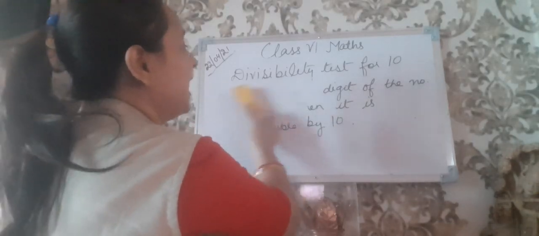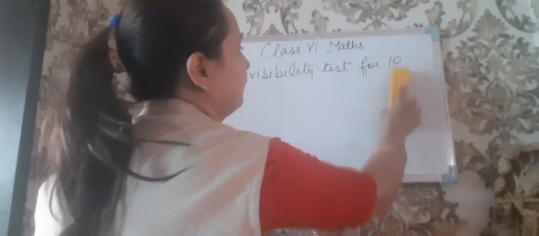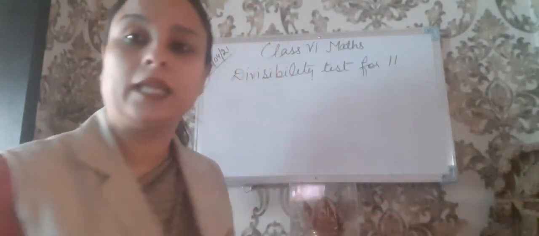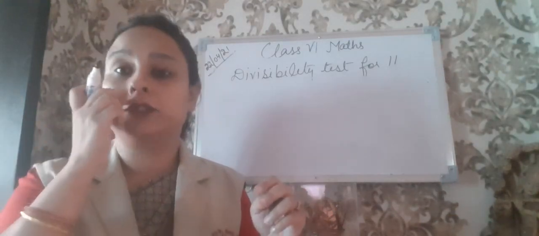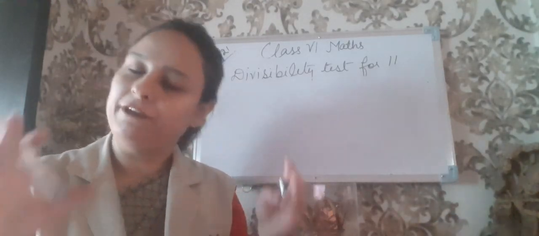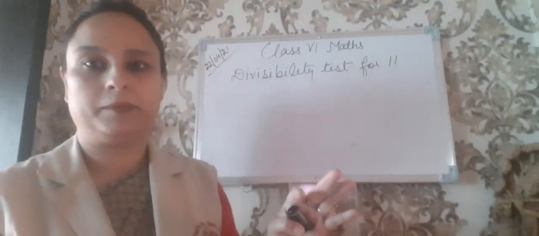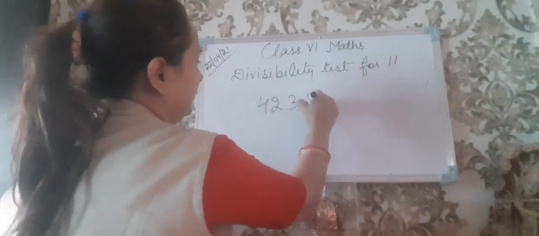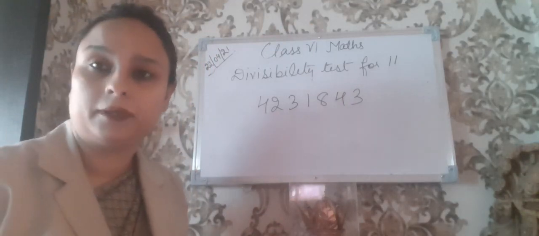Let's move on to the last one now. That is the divisibility test for 11. Okay. The divisibility test for 11 is a little complicated. Okay. So try to understand it. I will first explain with an example and then we will write the statement. Okay. So let's say, suppose this is the number.